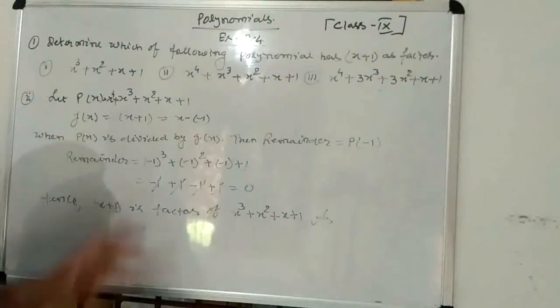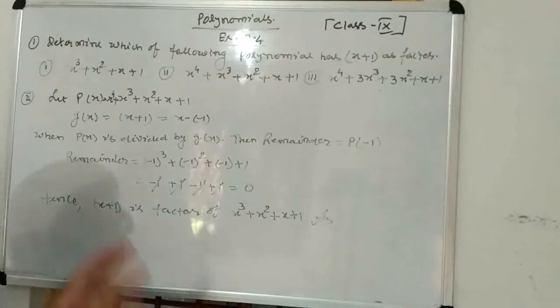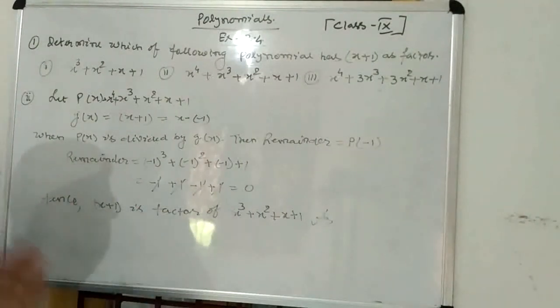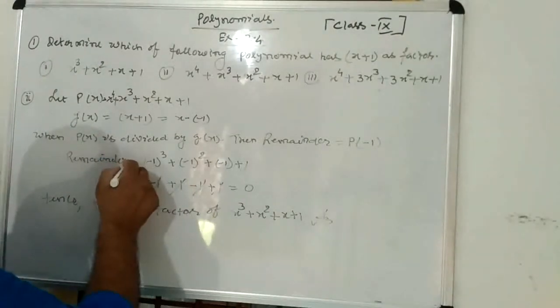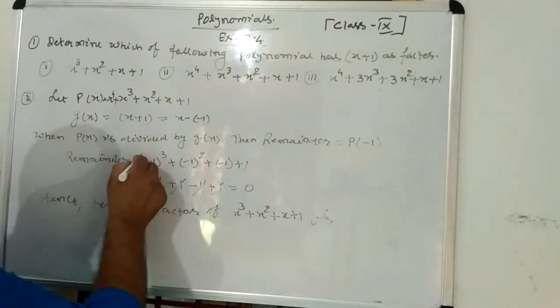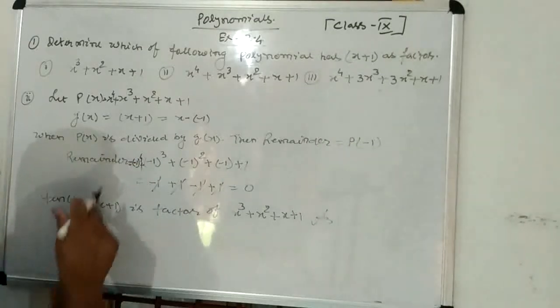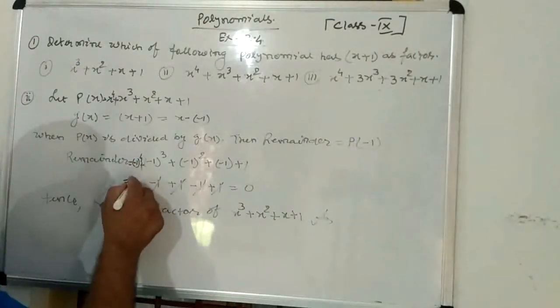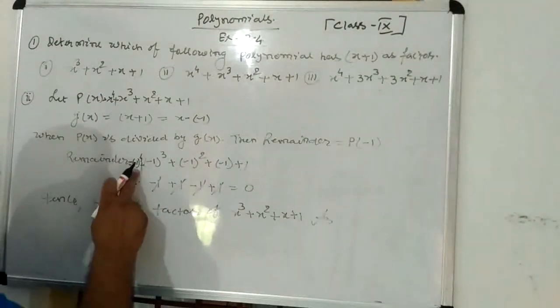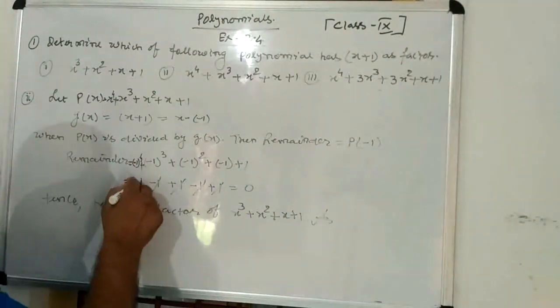Px when divided by gx, then the remainder will be p of minus 1. One more term will be added: minus 1 whole to the power 4 plus 1. So again you will have minus 1 whole to the power 4 equals 1.